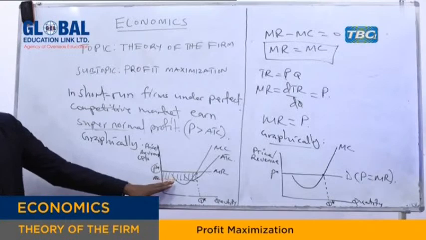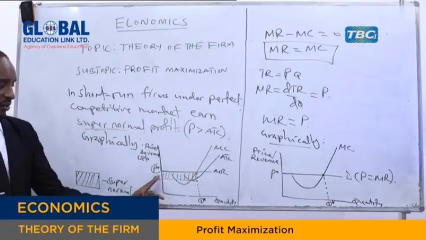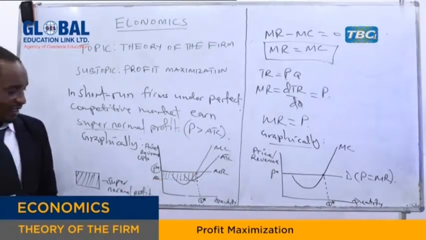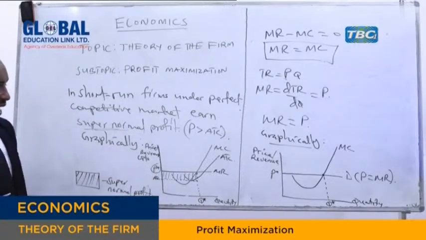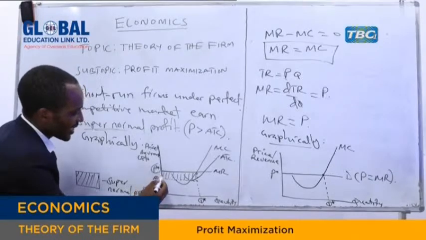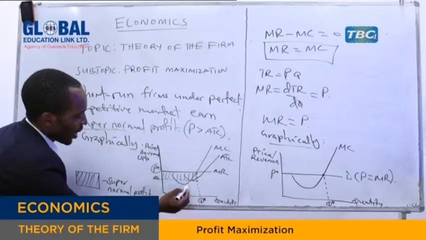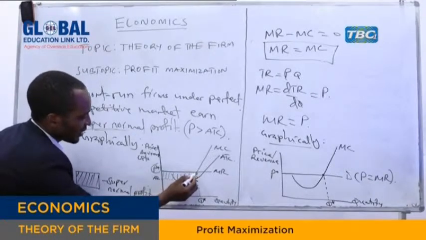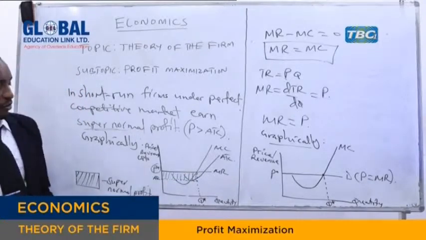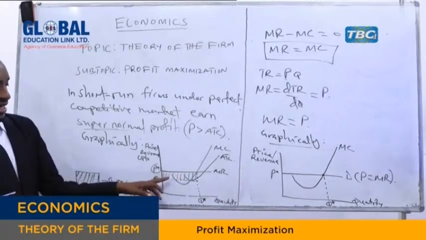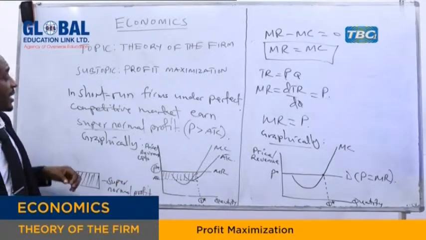And this shaded area shows the supernormal profit a firm could earn. And this is the same as taking the price times quantity. Price star times quantity, you get the total revenue. So when you subtract the total cost, you remain with this area, which is the supernormal profit.